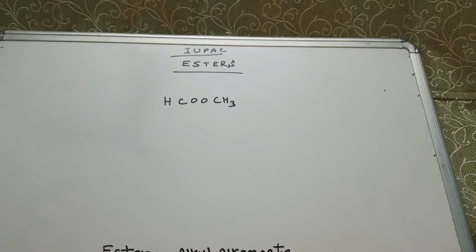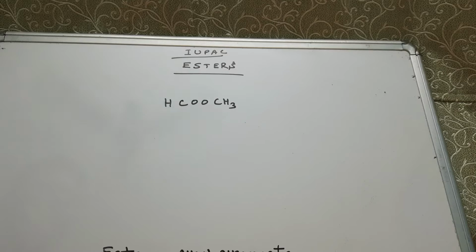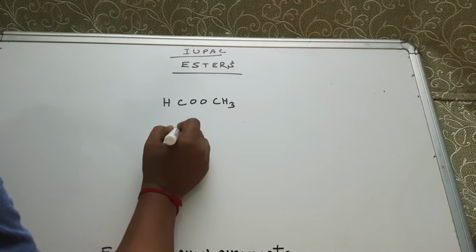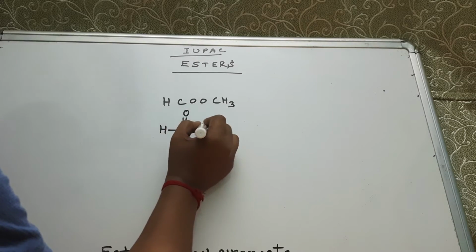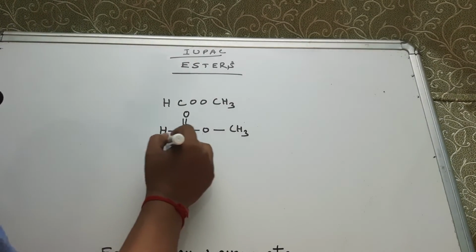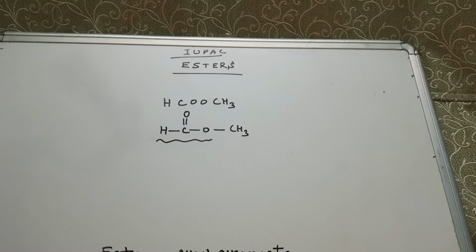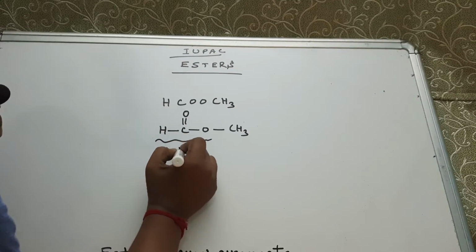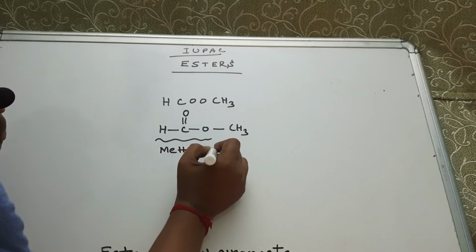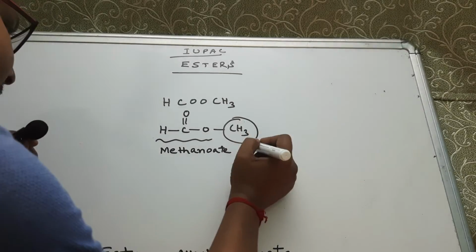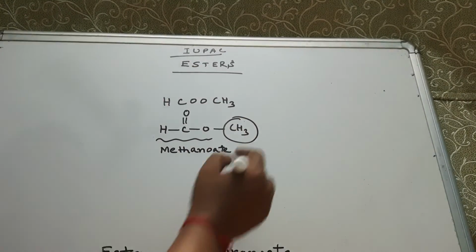So you first write the full formula like this: the ester, COCH3. So that part comes from carboxylic acid. So it is alkanoate. So how many carbons are there? There is one carbon. So it is meth. That is why it will be methanoate. And that portion comes from alcohol and this part is called alkyl, and this is one carbon, so it is methyl.